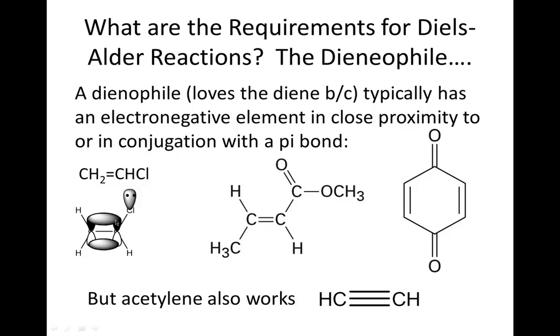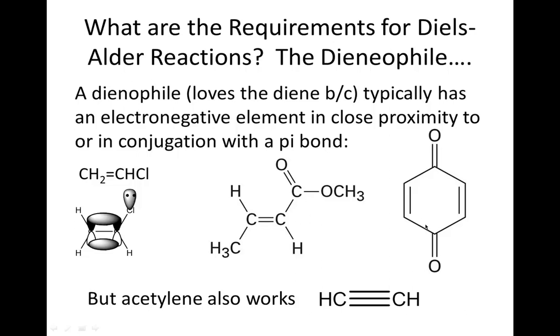So here's the pi system and this electronegative chlorine atom, and so the orbitals are kind of pulling electron density away here, and that's vinyl chloride, the common name for that. That will work, or if you have another electronegative element in conjugation with your pi system, that will work.